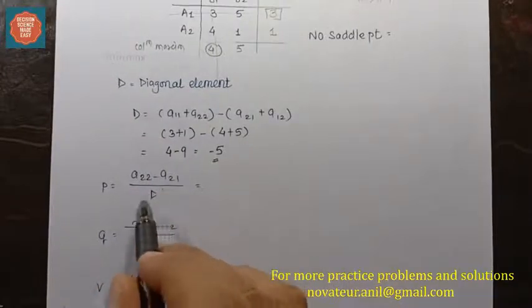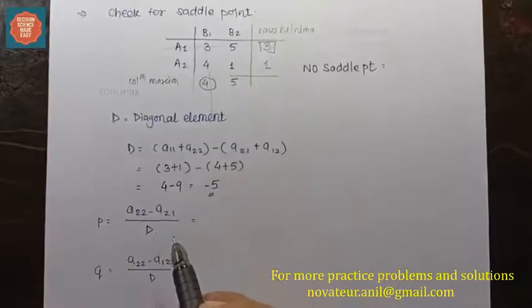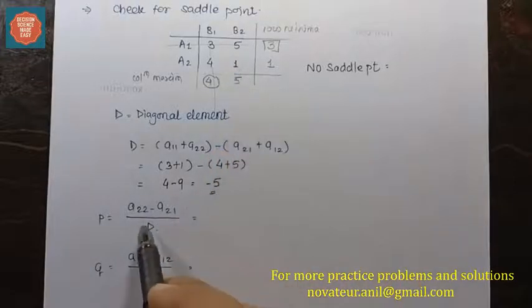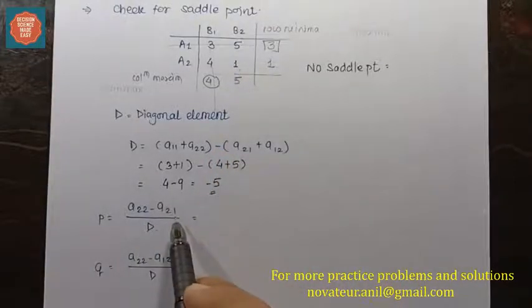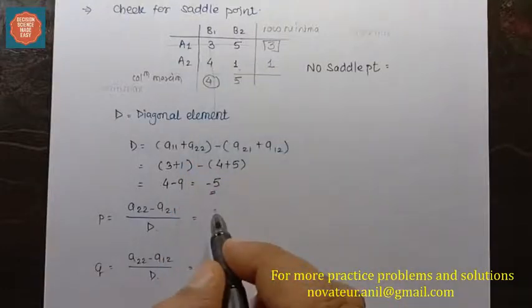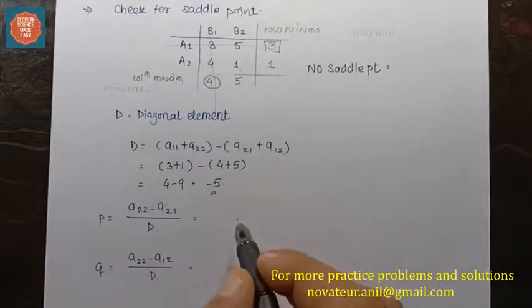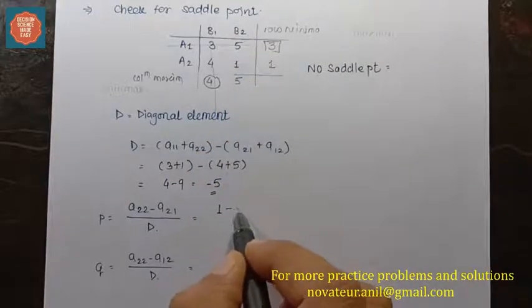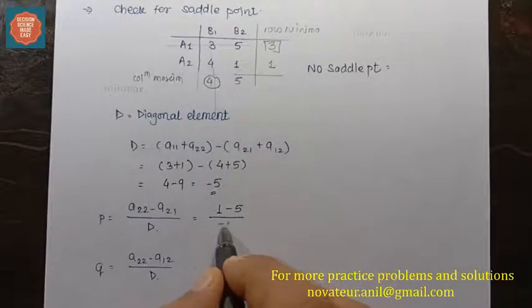I am going to put in the values and find the answer. So P is nothing but A22, that is this value, minus A21, that is this value, divided by minus 5.